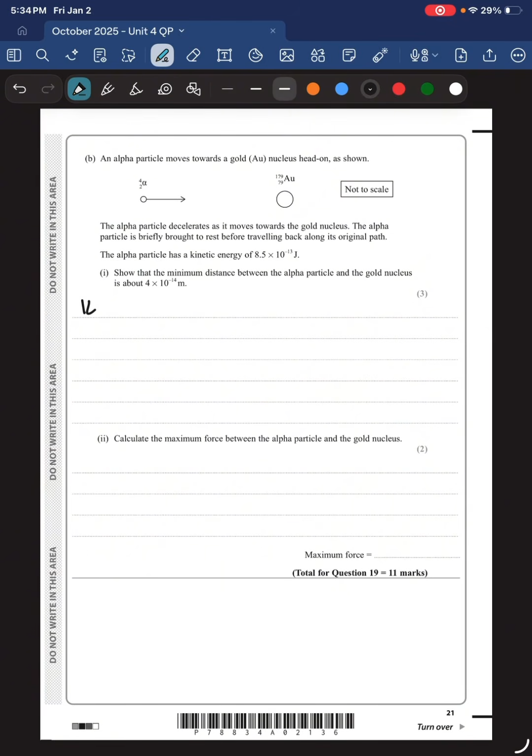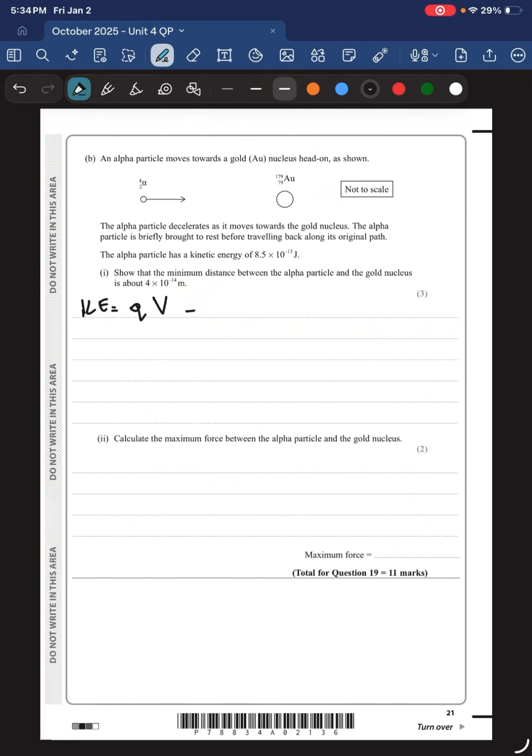So pretty much the kinetic energy must become equal to the electric potential energy between the alpha particle and the gold nucleus at the minimum distance. So the kinetic energy should be equal to Q times the electric potential from the gold nucleus.